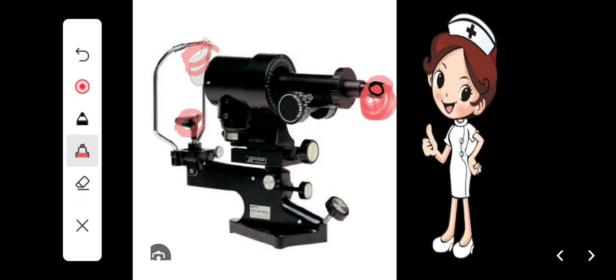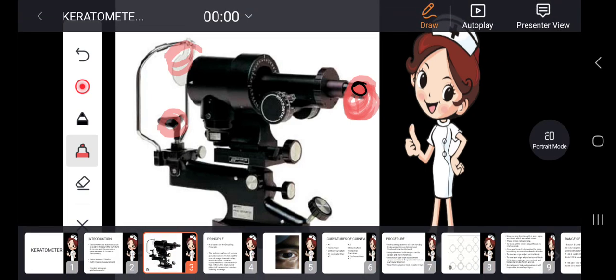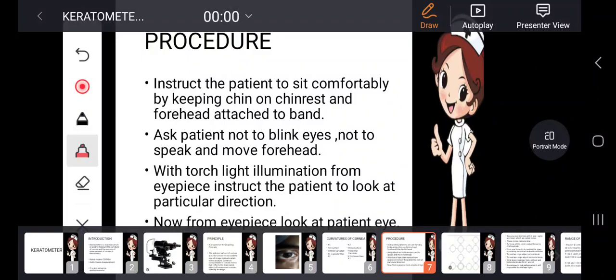Ask the patient that whenever he or she can see the light, then we have to rotate it towards the other side of the patient from where the patient can see.